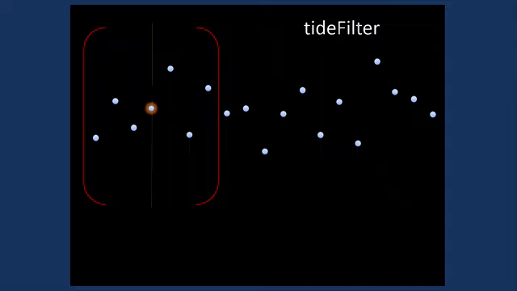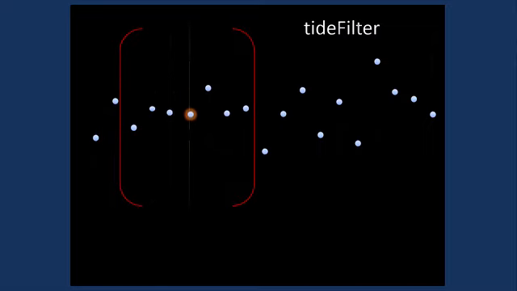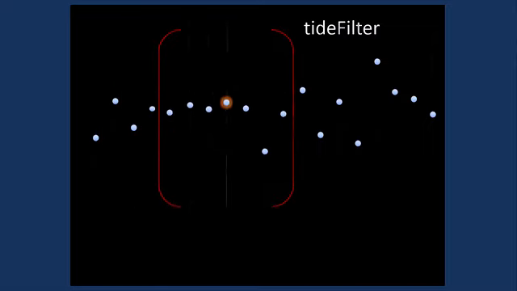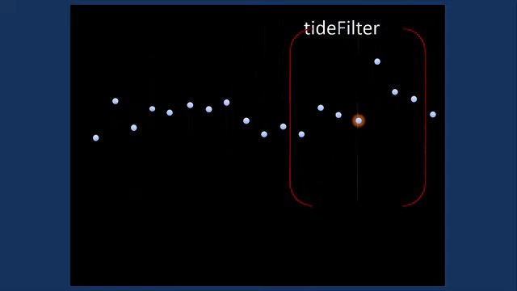That point was moved because of the boxcar averaging. The average is moving on down the line here. These are the original points, these are the new points. You can see that the highs and lows are smoothed out.